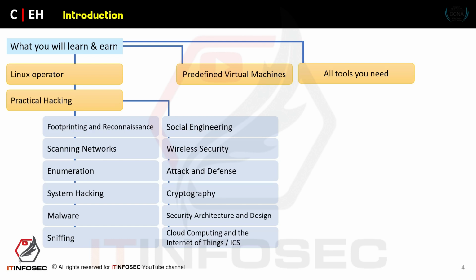The other item is attack and defense, about offensive and defensive methods. Another one is cryptography, for making data unreadable when it's transferred through the network. So if someone like a hacker gets the data, it will not be readable and not modifiable by the hacker.